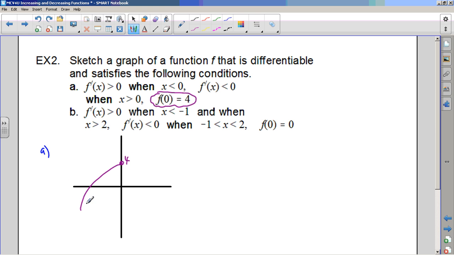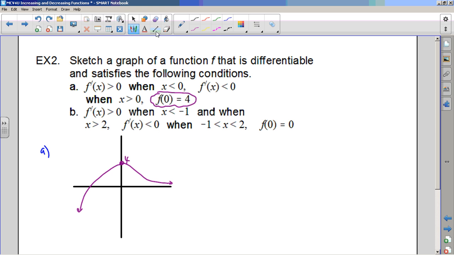Anything where f prime of x is positive, it's increasing to get to 4, and it's decreasing otherwise. f prime of x is less than 0 here. So on this side, it could be a parabola, or it could be something like this, as long as it's going down for all x greater than 0.